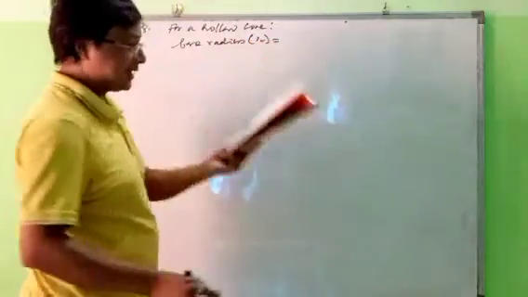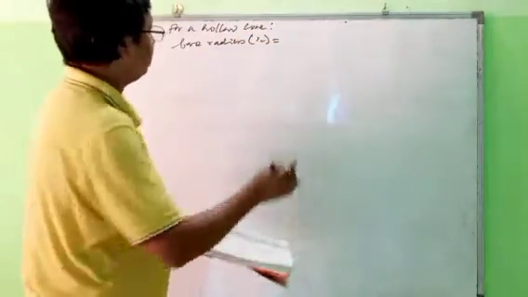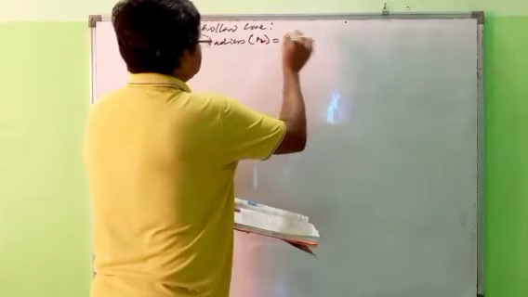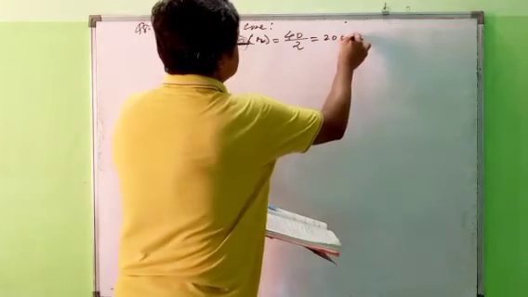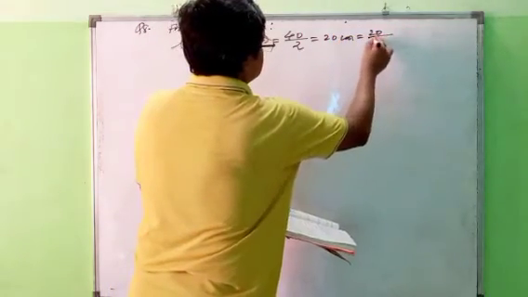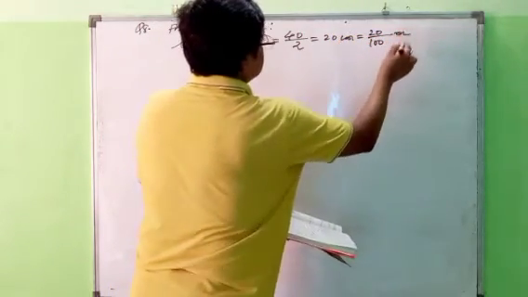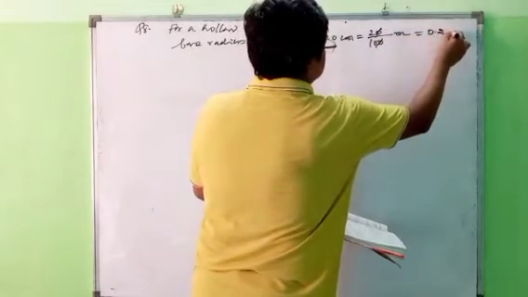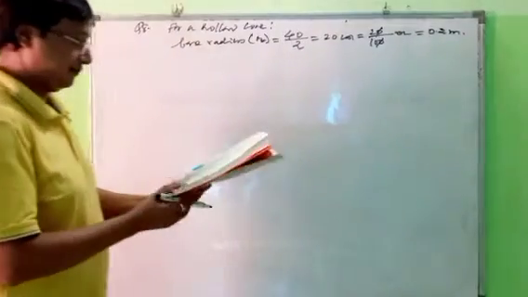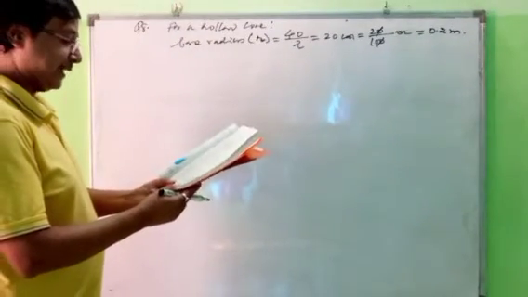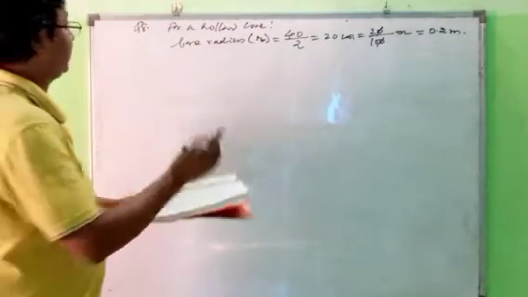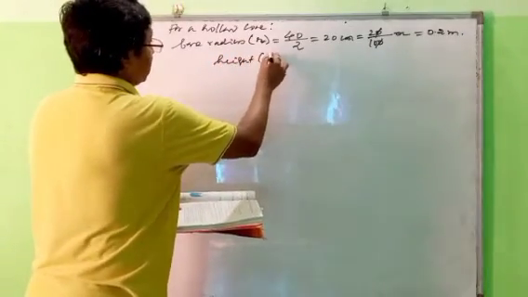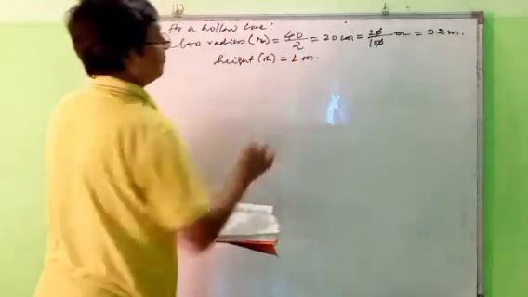They have given it in centimeter, so we will convert it to meter: 20 by 100 meter, so you will get 0.2 meter. Then next they have given the height h equals 1 meter.